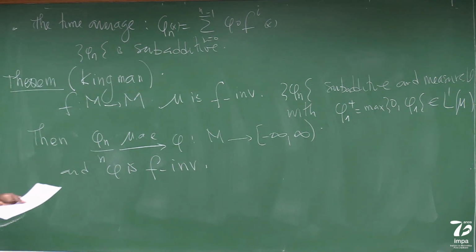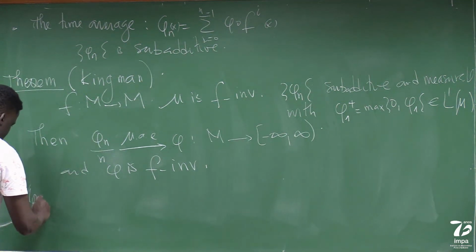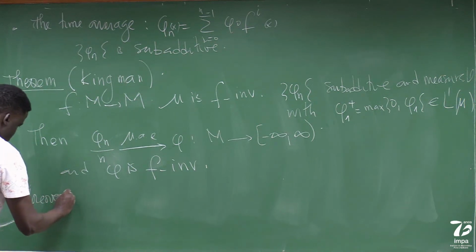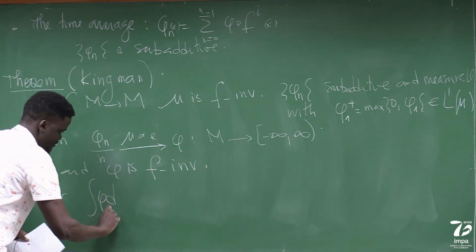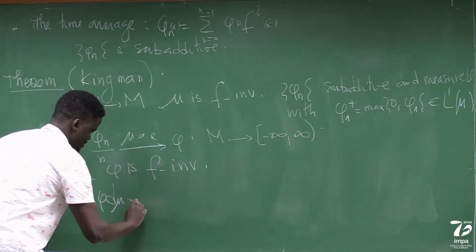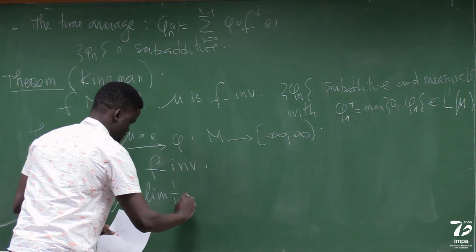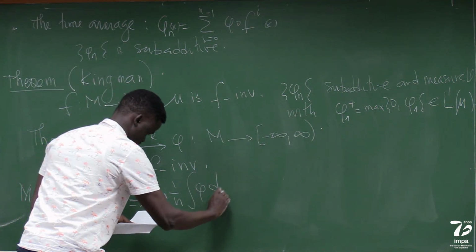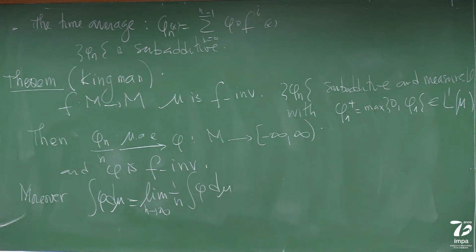Moreover, the integral of phi d mu is the limit of 1 over n times the integral of phi n d mu, as n goes to infinity.